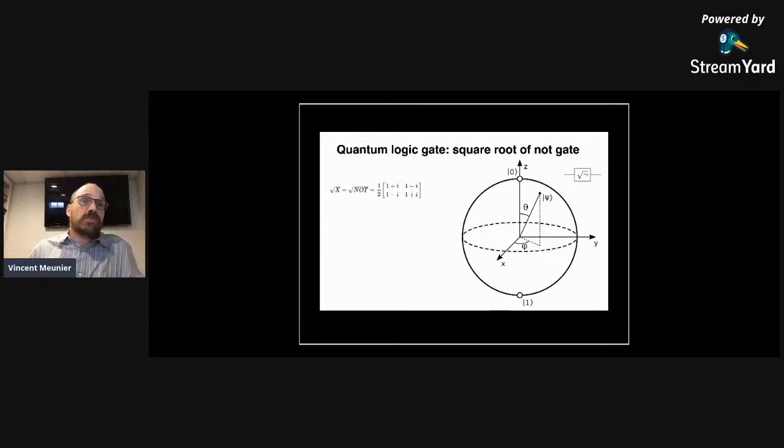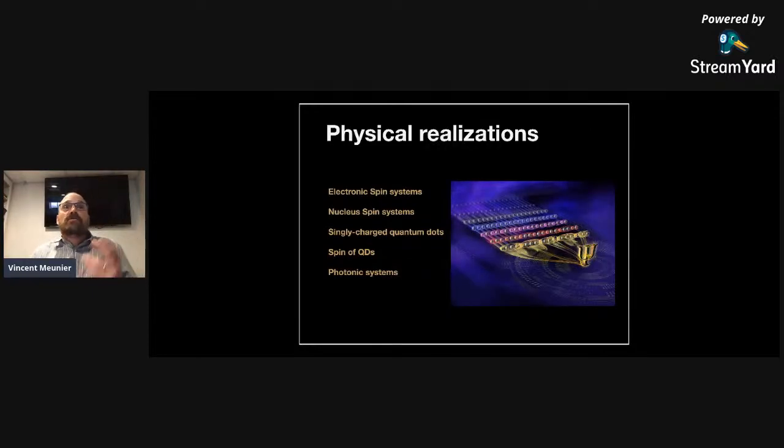So this is not a dream. This is actually reality. There are physical realizations of all those qubits, for example using spin systems, nuclear spin systems, quantum dots, and so on. You can see in those few examples that this is the realm of physics and material science as well. So there's really a lot of promise for quantum information and quantum materials as we move forward.